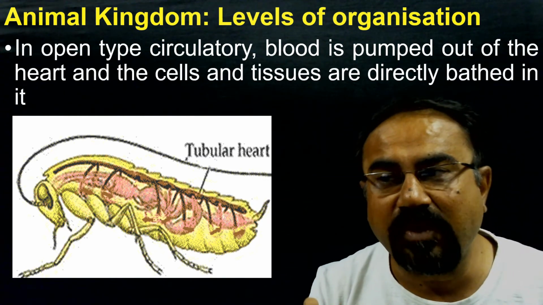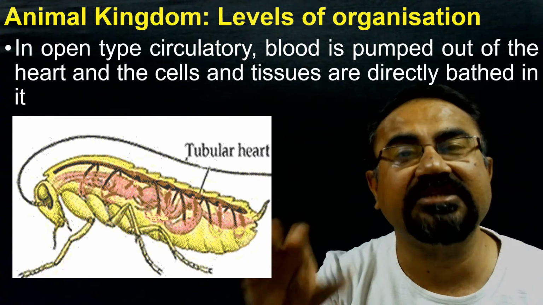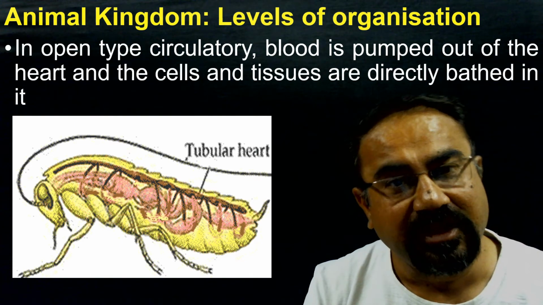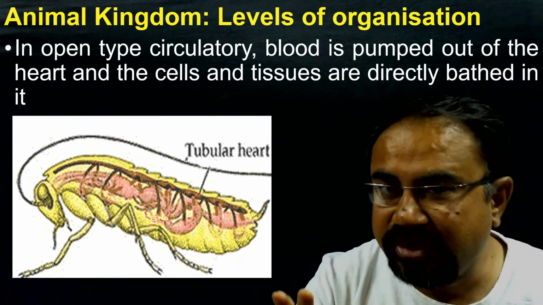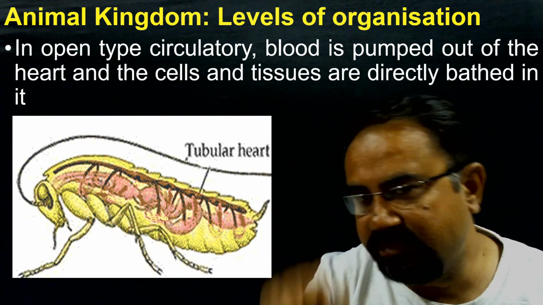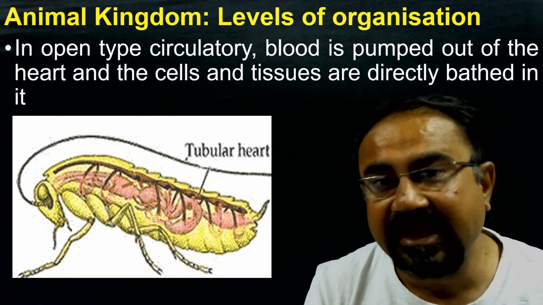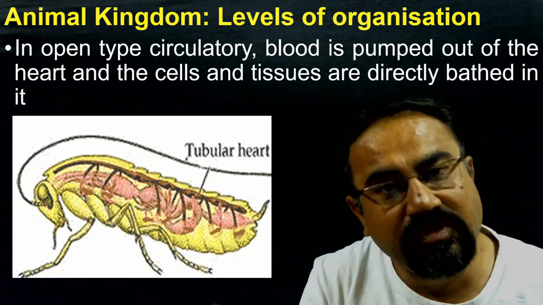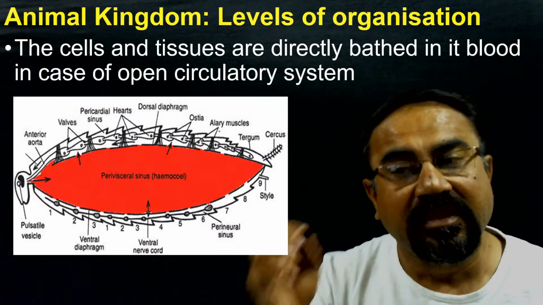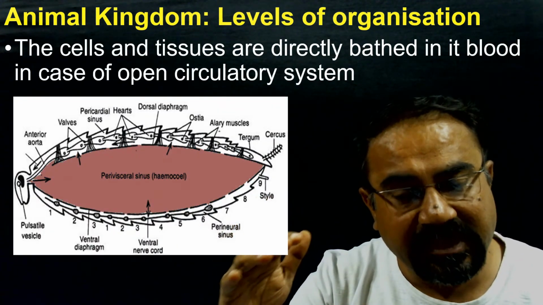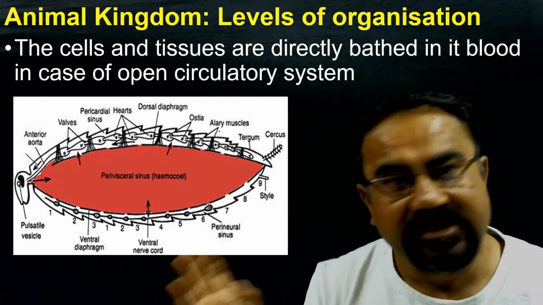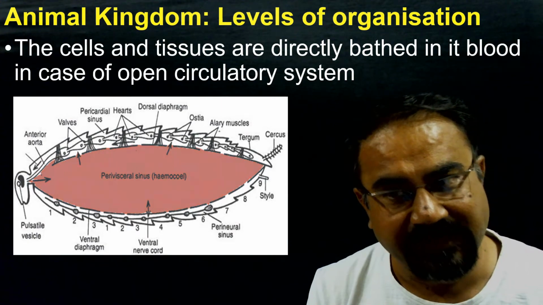In this case, blood is pumped out of the heart and the cells and tissues are directly bathed in the blood. तो blood जो है वो open है और cells, tissue वगैरह सब जो है वो ब्लड के साथ डायरेक्टली टच में होते हैं और you can say they are bathing in the blood. This kind of system is found in the lower organisms and we are calling it open circulatory system, जैसे कि यहाँ ये कॉकरोच में देखा जाता है.